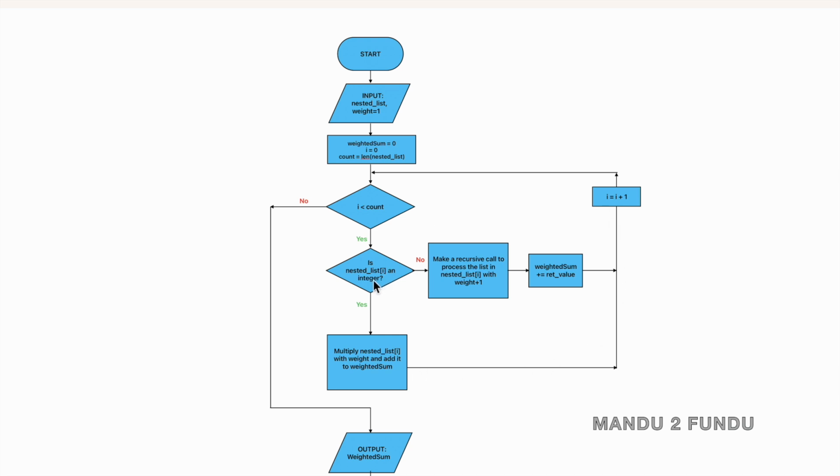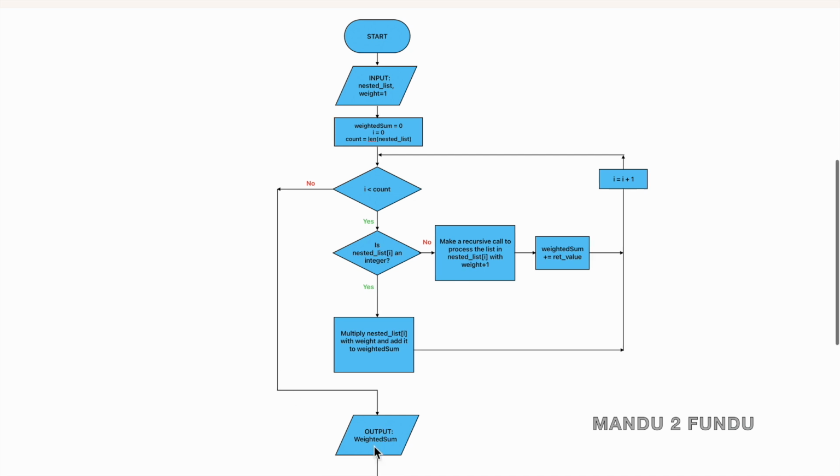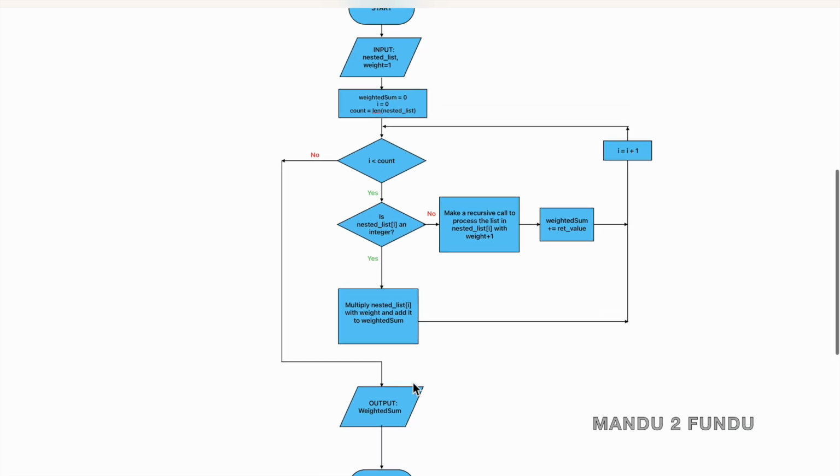If it is a list, we increment the weight and make a recursive call to process the list in that entry, and the return value will be added to the weighted sum, and then we loop through again. Once all the elements are processed, we come out of the loop and return the weighted sum.